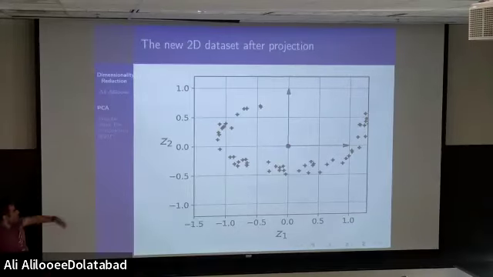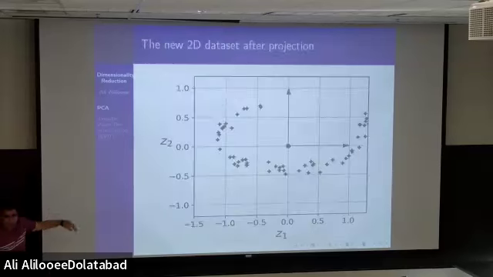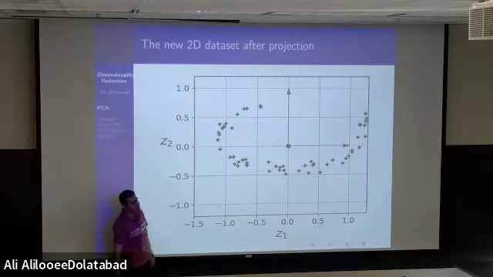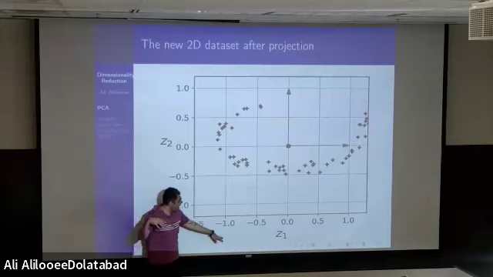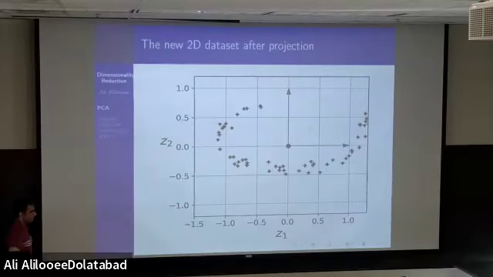When you project, you get something like this. Let's say Z1, Z2, and here you have a 2-dimensional data set. You started with a data set with 3 dimensions, you found this Z1, Z2, now you project, and you got this 2-dimensional data set. What I did, I reduced the dimension, right?